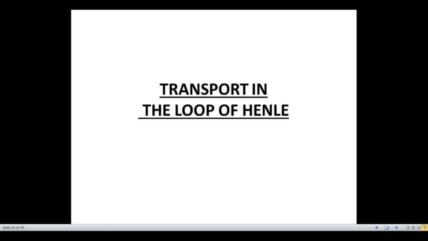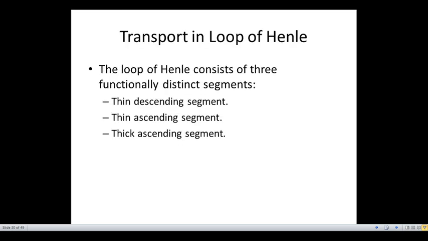Now let's study transport in the loop of Henle. The loop of Henle consists of three functionally distinct segments: thin descending segment, thin ascending segment, and thick ascending segment.